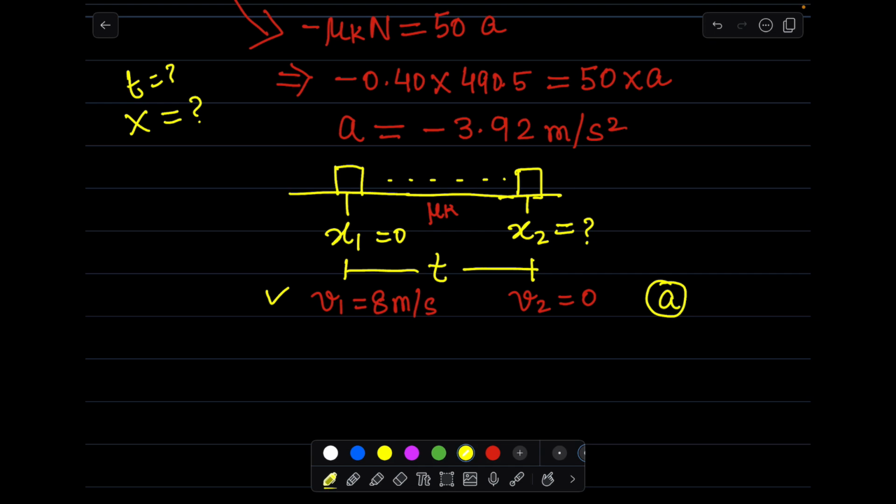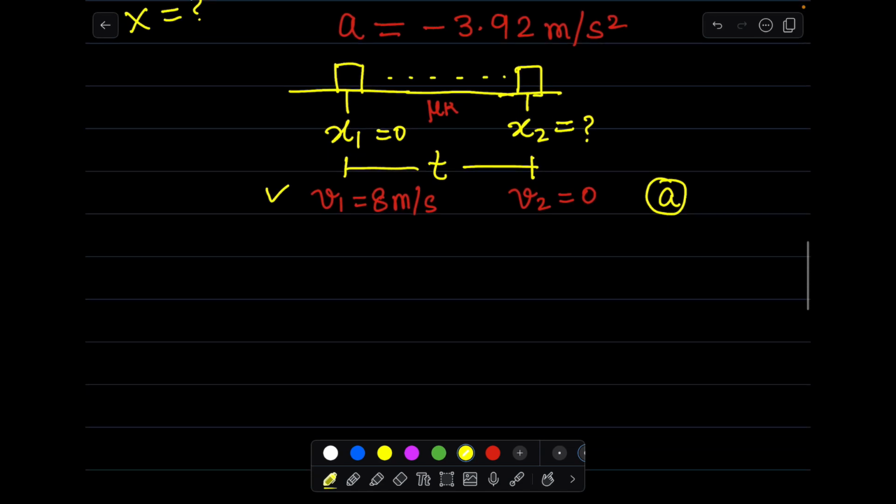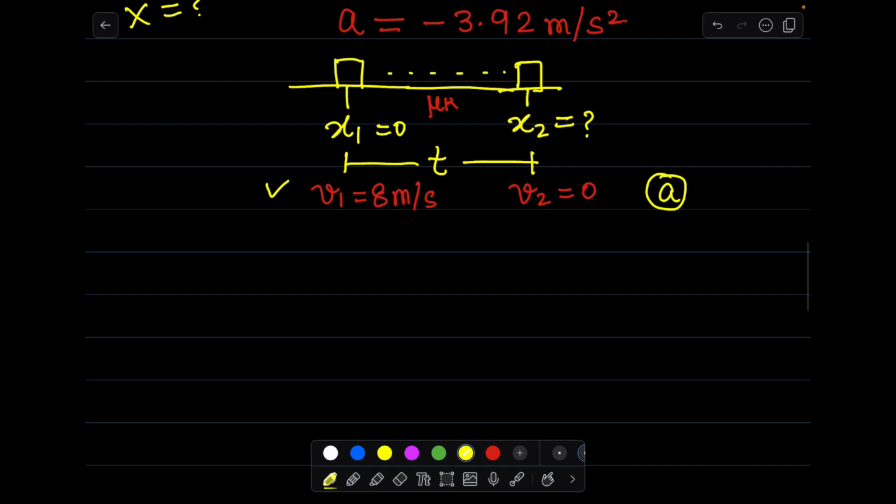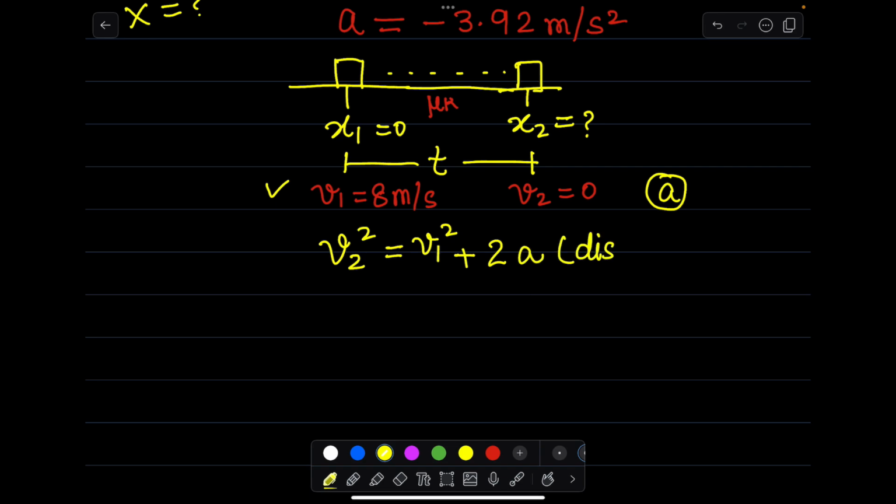So in this case, we can apply the uniform acceleration formula, or you can say the high school formula from physics, which is v2 square is equal to v1 square plus 2a and displacement, okay, this is displacement.